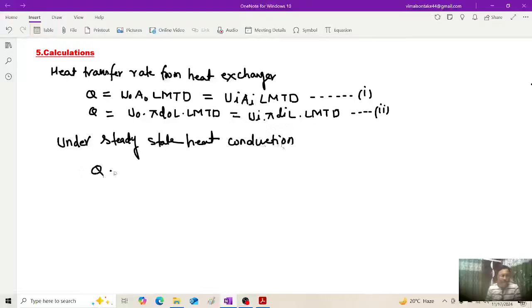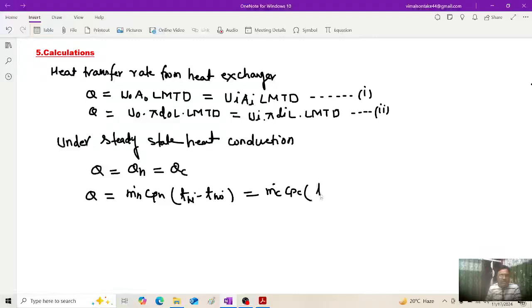the rate of heat transfer from the heat exchanger is equal to the rate of heat transfer given by the hot fluid, which is equal to the rate of heat transfer taken by the cold fluid, or Q is equal to m dot H CPH into THI minus THO, and this will be equal to m dot C CPC into TCO minus TCI.